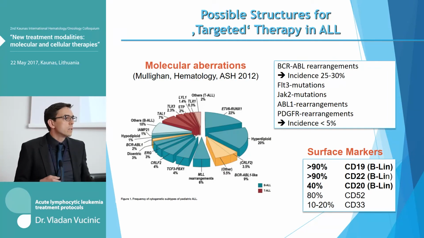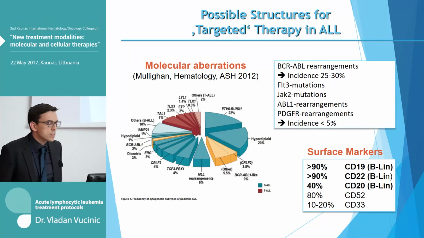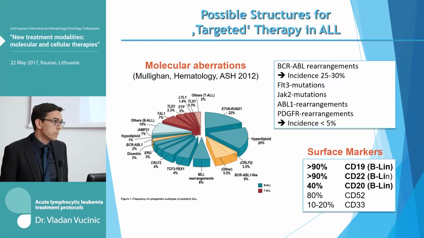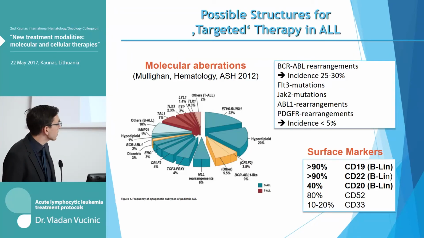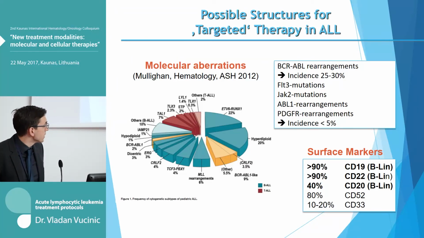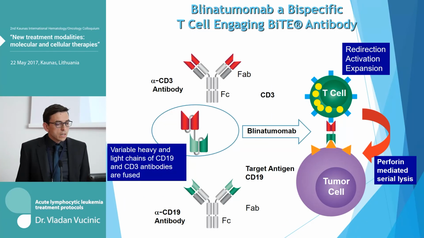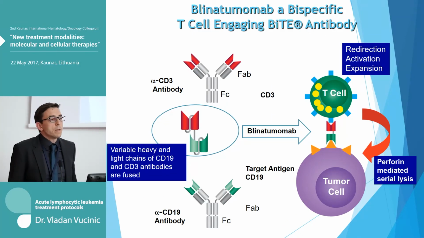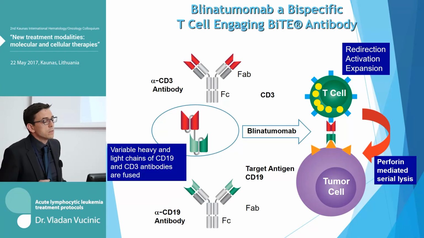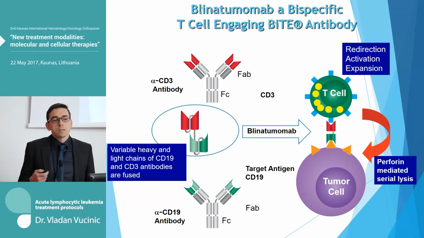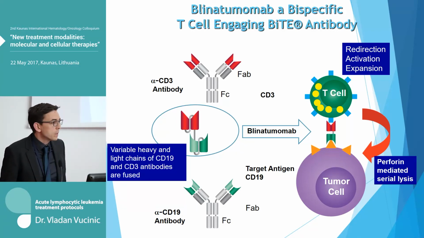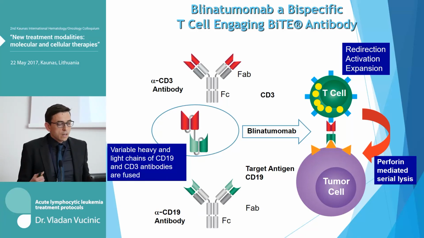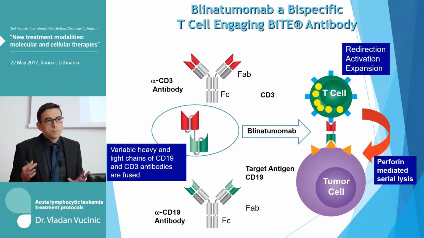We know that about 80%, 90% of, for example, B-ALL cells are CD19 positive, 90% are CD22 positive. So one of the best targets is CD19 positivity, and one strategy for it would be blinatumomab. Blinatumomab is a combined antibody.